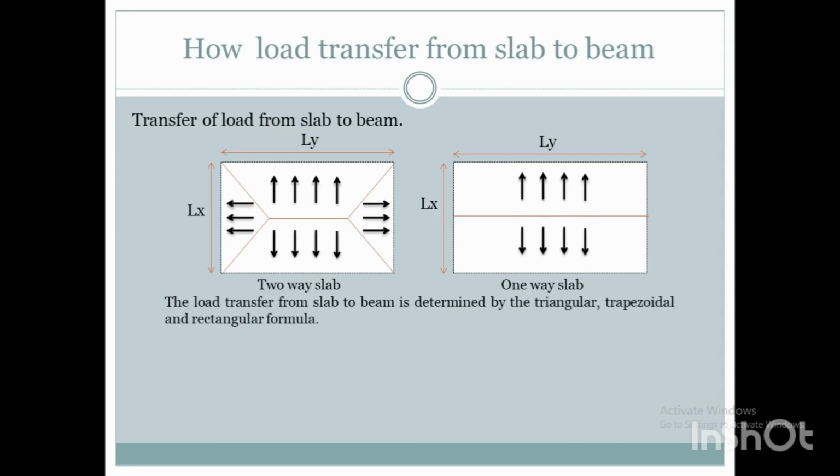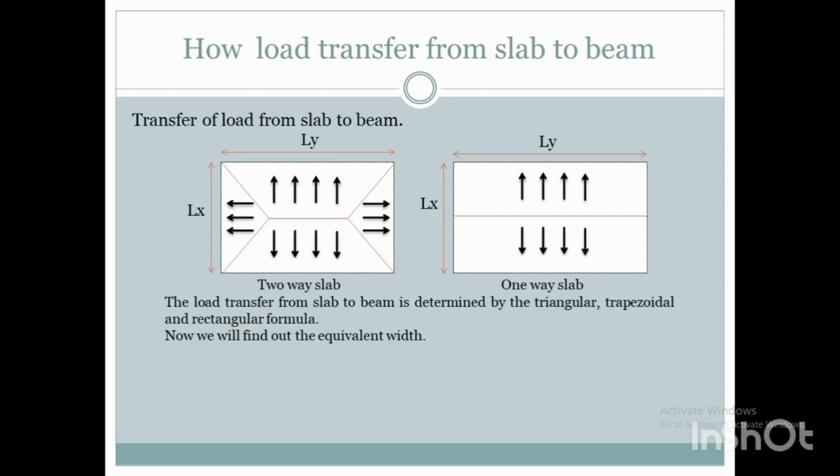So now we will discuss how the load transfer from the slab to the beam is determined by the triangular, trapezoidal and rectangular formulas. These things we have already discussed in this picture. Now we will find the equivalent width. What is the equivalent width and why do we have to find it?